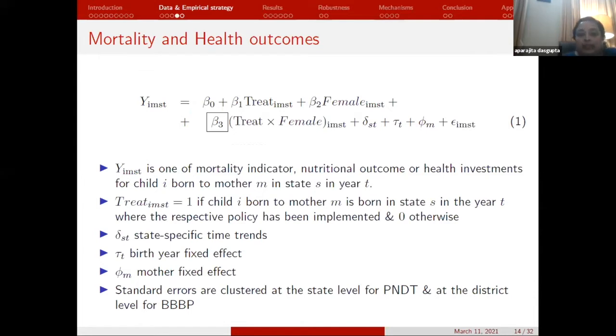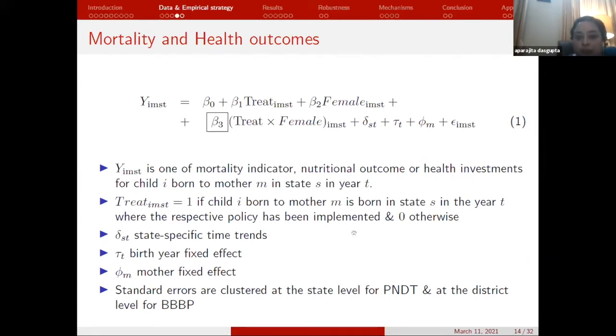Y_IMST is one of the mortality indicators among neonatal, infant mortality, and under 5 mortality, or nutritional outcome, which is height for age, weight for age, BMI, or health investments such as breastfeeding duration, visit to antenatal care, and tetanus shots, for child I born to mother M in state S in year T. In this equation, Treat_IMST is equal to 1, this is the indicator variable if child I born to mother M is born in state S in the year T, where the respective policy has been implemented.